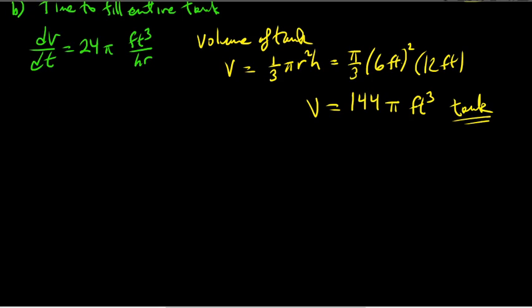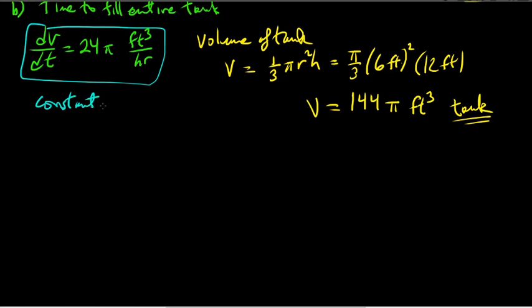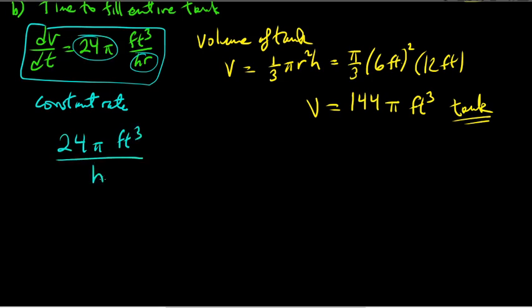Yeah, we don't need calculus for this at all, right? See, we're assuming that this rate here is a constant rate. It doesn't depend on t. So every hour that goes by, we fill up 24 pi cubic feet of water every hour, right?